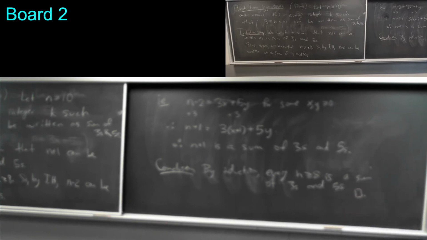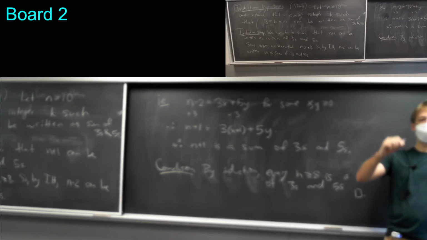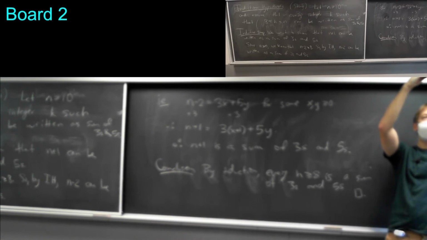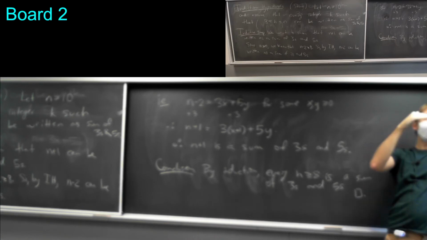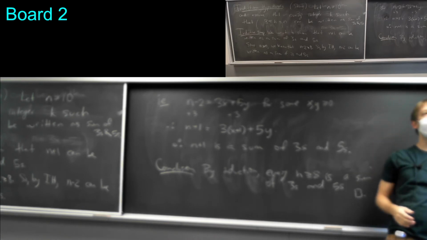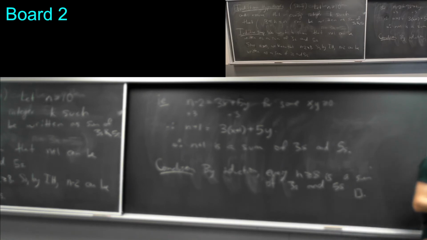More generally, why you would do a certain number of base cases is based on how many steps you have to look backwards. If I want to do a certain step, I need to look backwards in order to do that. Here, to get 8 and then do 11. So that kind of tells you how many base cases to do in some sense. Yeah, but that's a very good question.